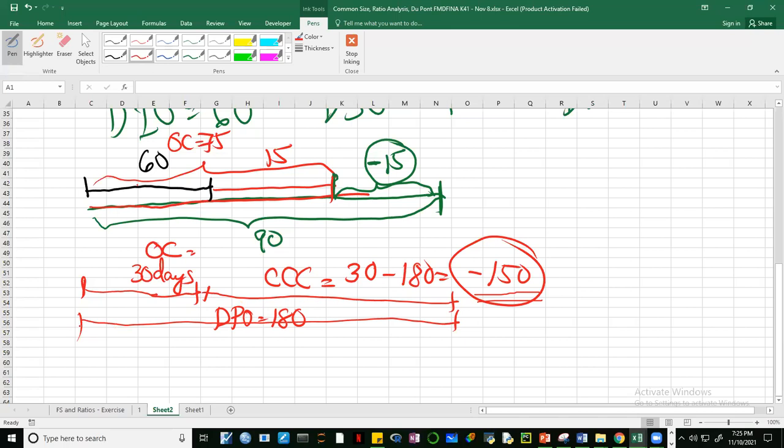Imagine nakatali yung pera nyo 180 days bago kayo bayaran. Pag benta nyo dito, kalahating taon muna guys, no? Half a year. Okay, so again guys, this is a double-edged sword. It's good for one party but not necessarily for another party.